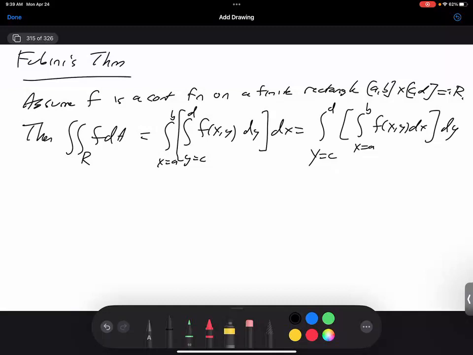To some extent, I am writing a little bit more than I need to. Because I'm writing, in the middle integral, f of x, y, dy, I know the variable that corresponds to it. If I'm writing dy, is it y or is it x? It's y. Do I need to write y equals c to d, or can I just write c to d? I can just write c to d.